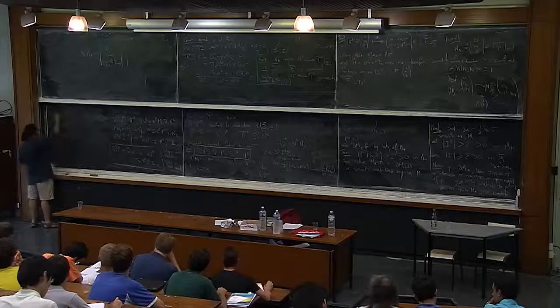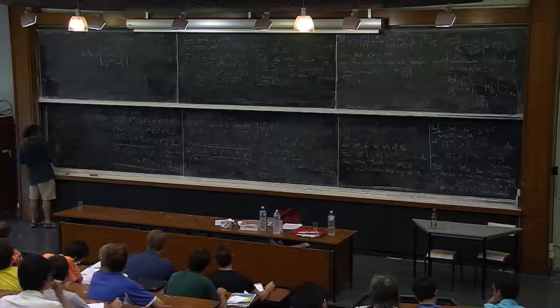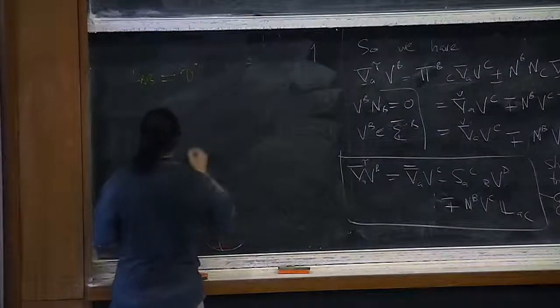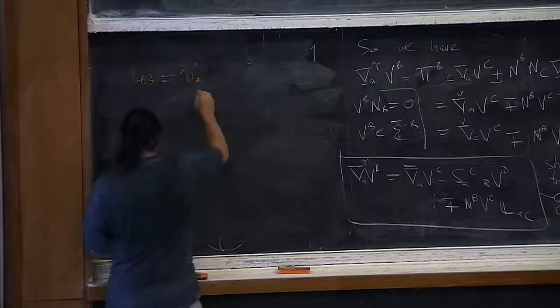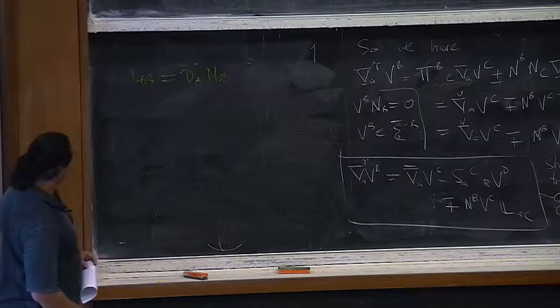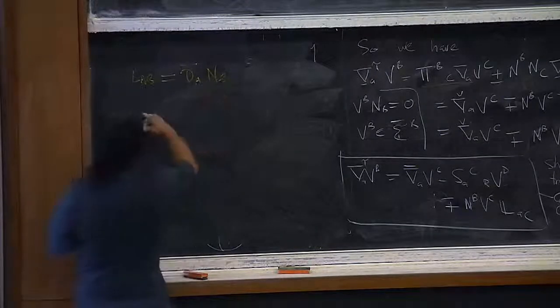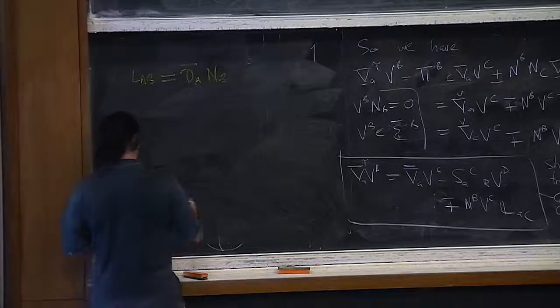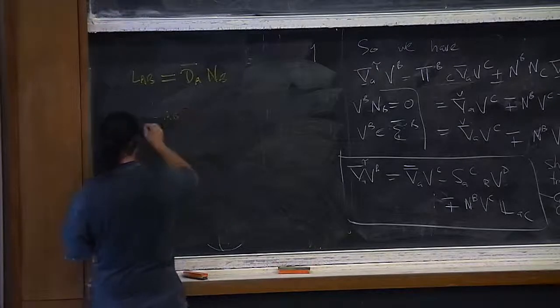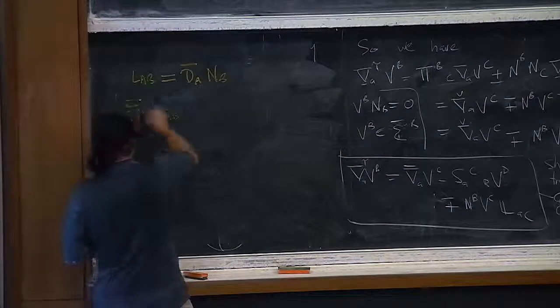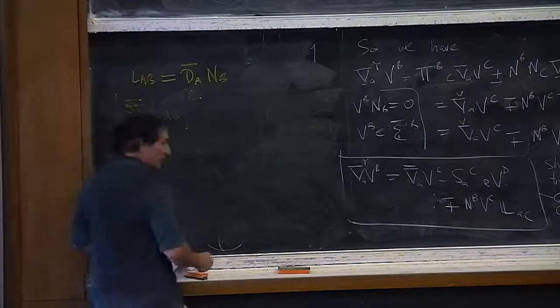You can form, for instance, this L_AB, by taking the submanifold version of the tractor D operator and applying it to the normal tractor. Squaring that and so on makes invariants of the submanifold. So you can do L_AB squared, or differentiate it some more, and you can square these things using the tractor metric and so on.